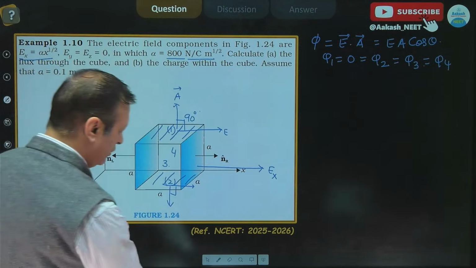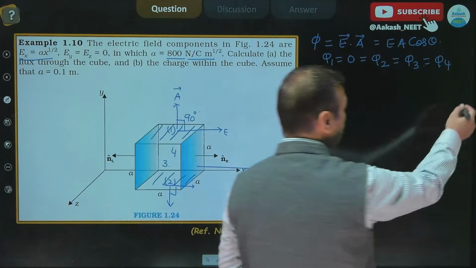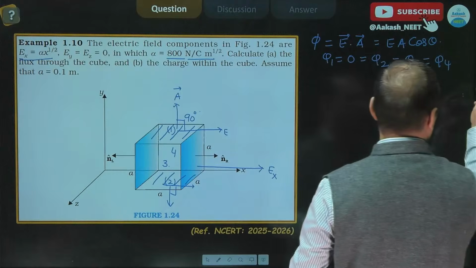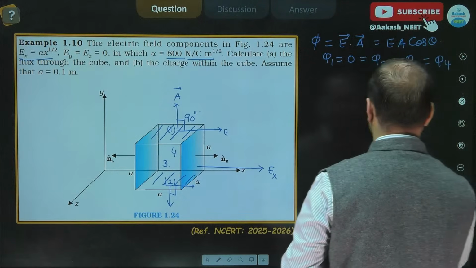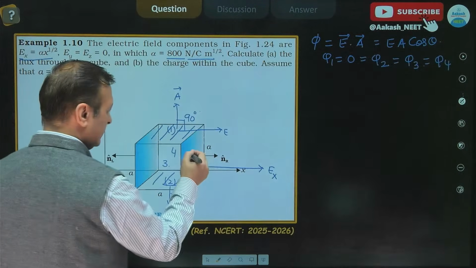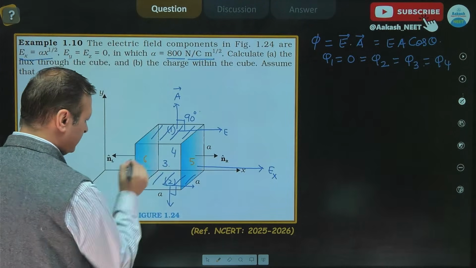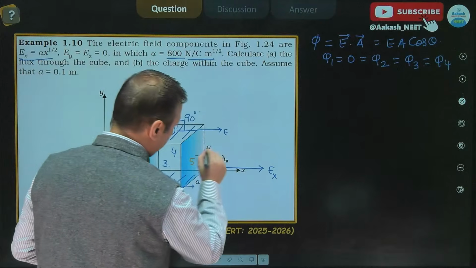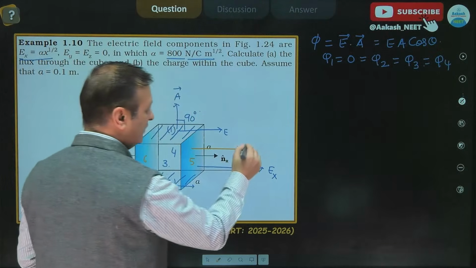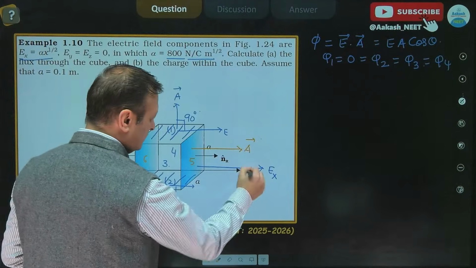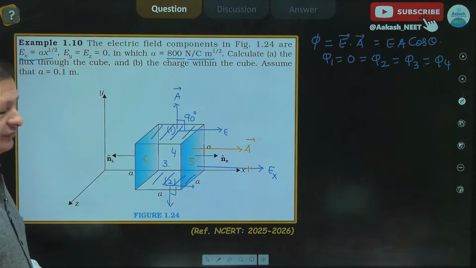Now we are left with only 2 parts. What are these 2 parts? Can I label this part as 5th and this surface as 6th? For this part, the area vector is radially outward, and look at this electric field.